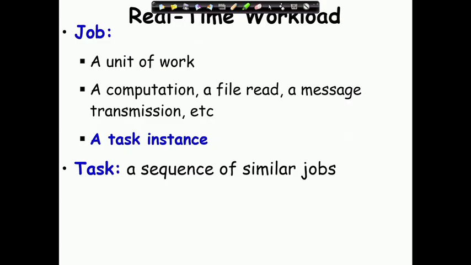For example, let us say one task may be to handle the temperature of the chemical plant exceeding some threshold value. So, each time the temperature sensor measures it, and it periodically measures, a task is generated to check the temperature value, whether it is above the threshold, and if it is above the threshold, then take some corrective action.